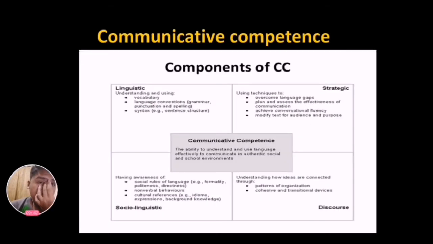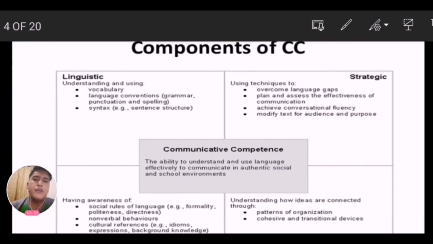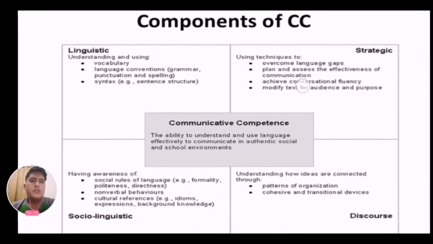As you can see, these are the four communicative competences: the linguistic, the strategic, sociolinguistic, and discourse. So let's first define communicative competence. This is the ability to understand and use language effectively to communicate in an authentic social and school environment. So what does this mean?